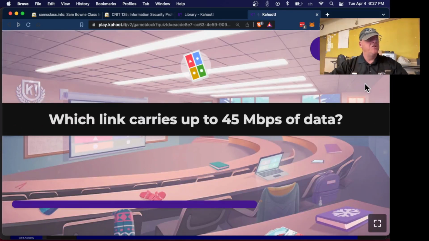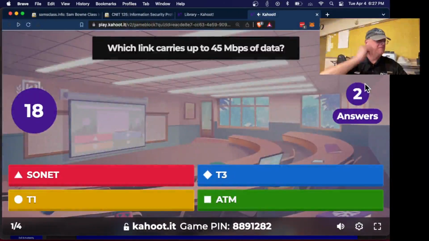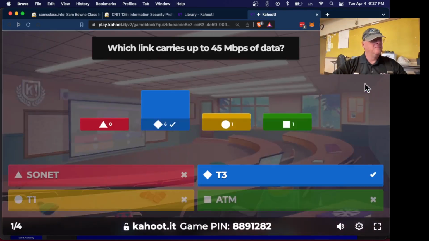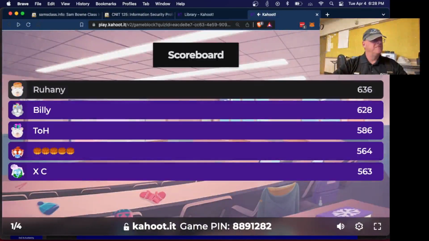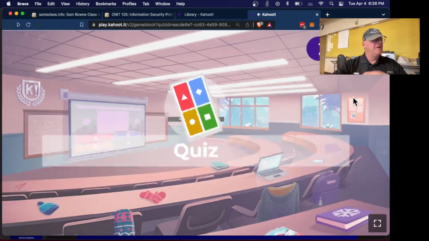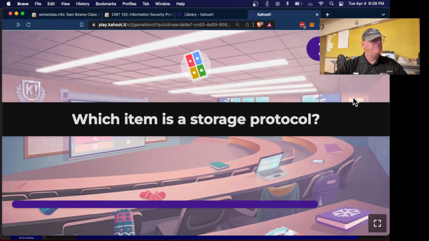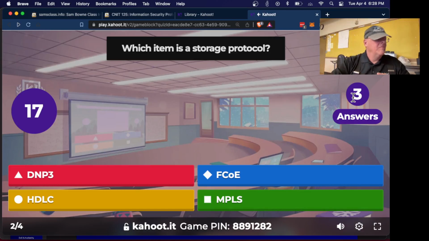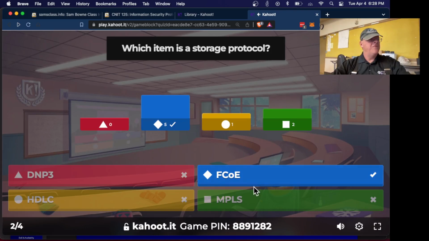All right, so which link goes up to 45 bags? That's a T3, another Net Plus question. All right, which one is a storage protocol? All right, that's Fibre Channel over Ethernet.